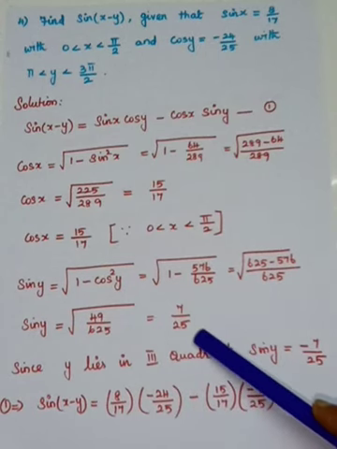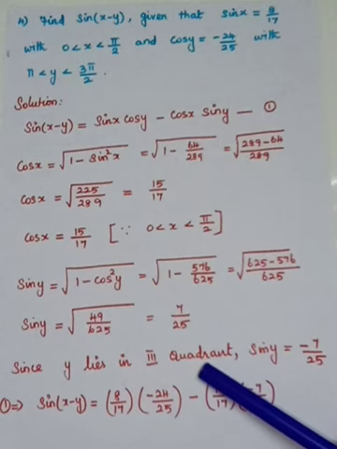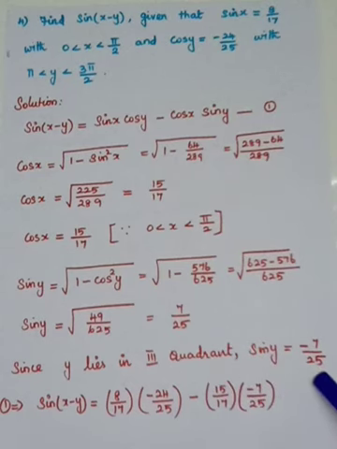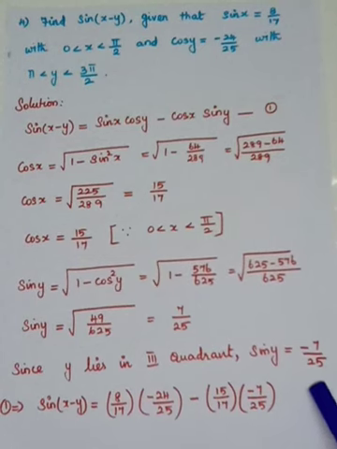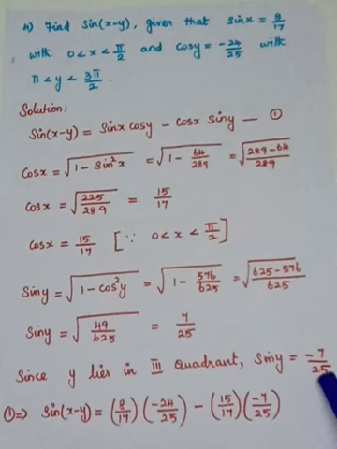So it is 7 by 25. But your y lies in the third quadrant. Upper sin y is negative. So you should not write 7 by 25. You have to write minus 7 by 25. Because in the third quadrant, tan theta and cot theta are positive. Here you are having sin y. So you have to write minus.